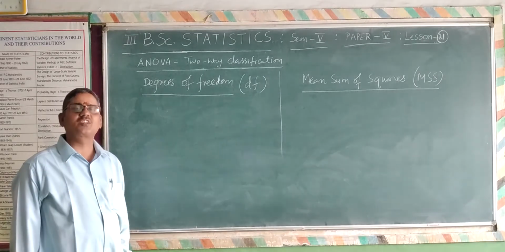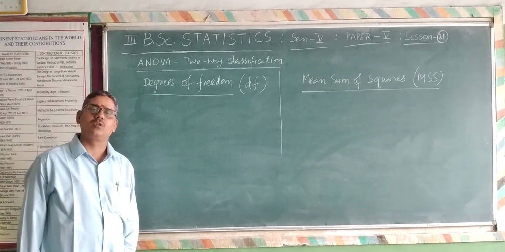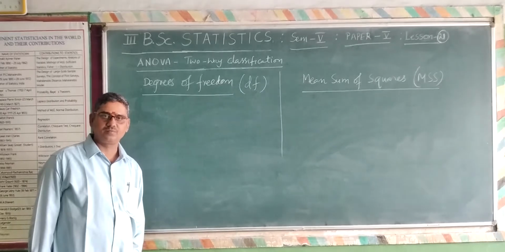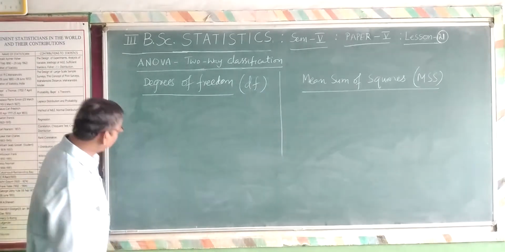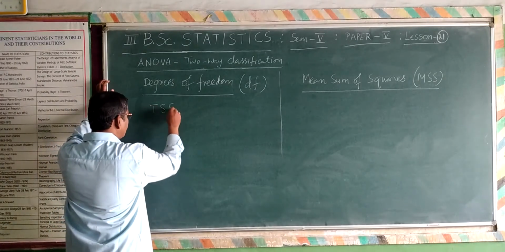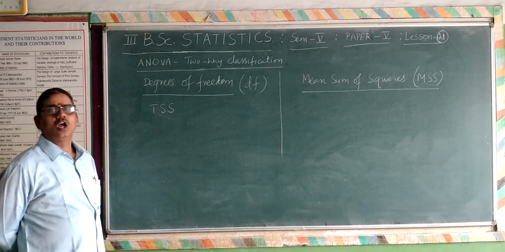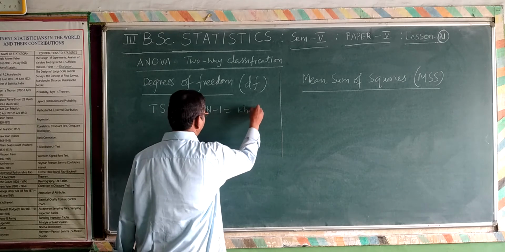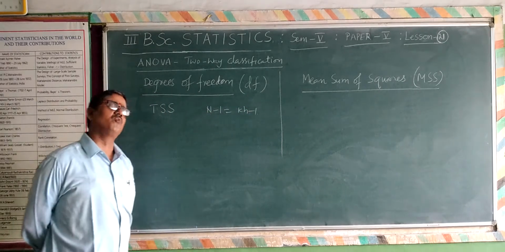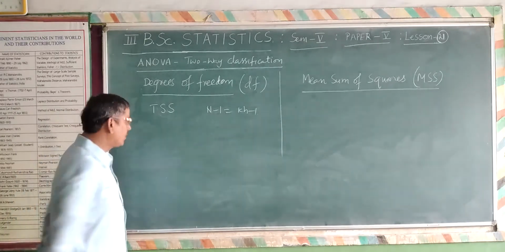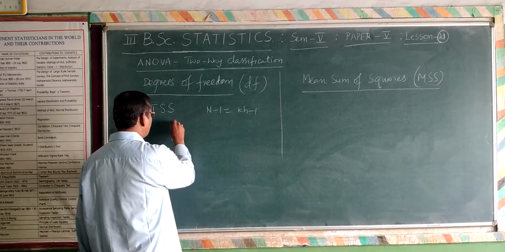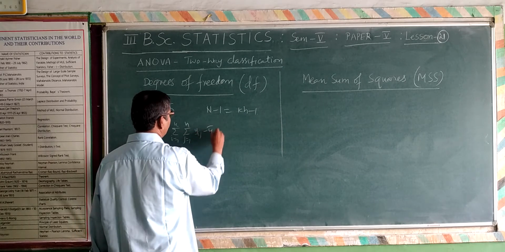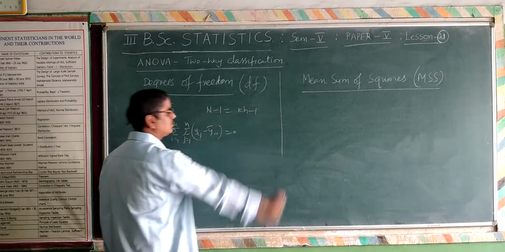So for each and every sum of squares we have to express degrees of freedom. For the total sum of squares, the degrees of freedom is capital N minus 1, which means it is k into h minus 1, since one linear constraint becomes 0: summation i is equal to 1 to k, summation j is equal to 1 to h, yij minus y bar dot is equal to 0.